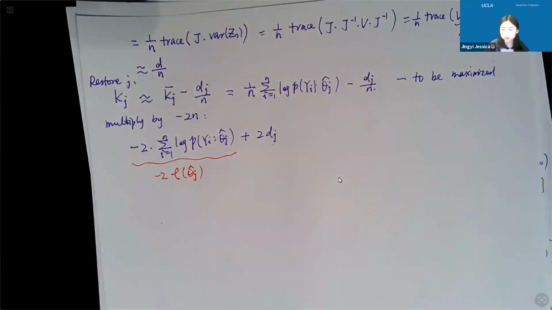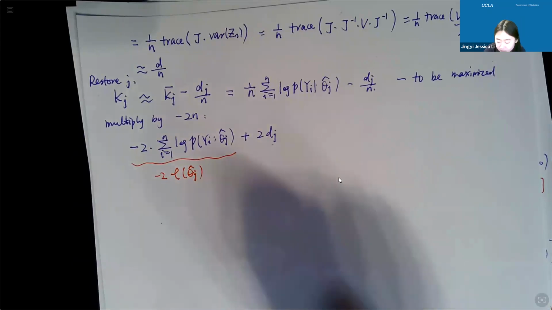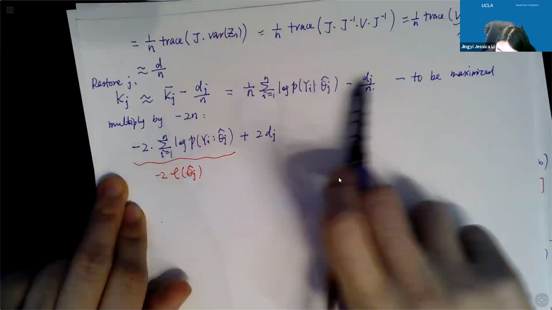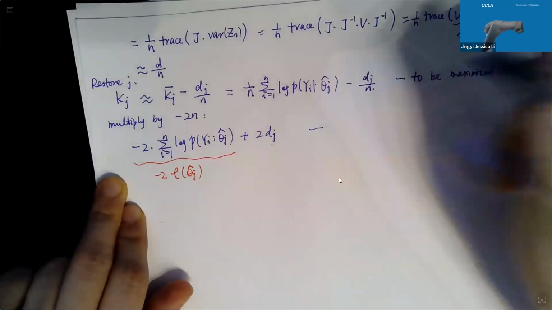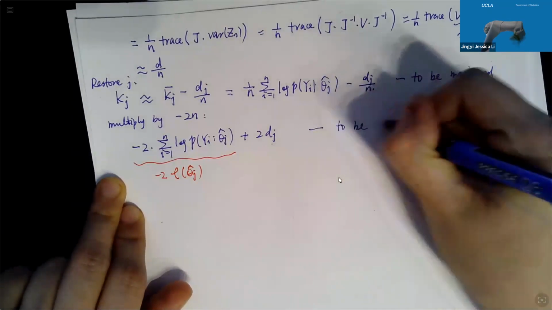We stick with this form, negative 2 times log likelihood, because of the deviance definition, and also because the log likelihood ratio test also uses the negative 2 log likelihood. That's why we stick with the convention. And therefore, because we multiply by negative 2n, this term is going to be minimized.